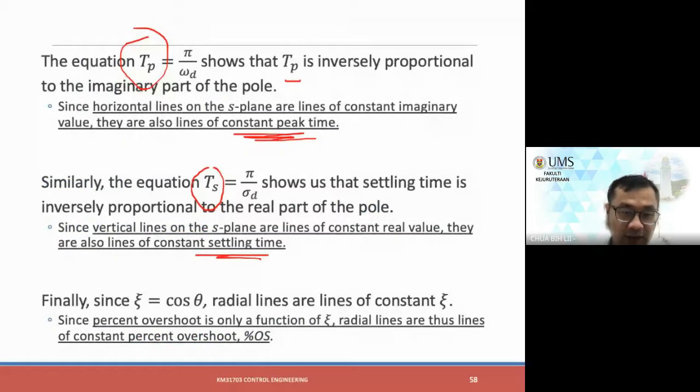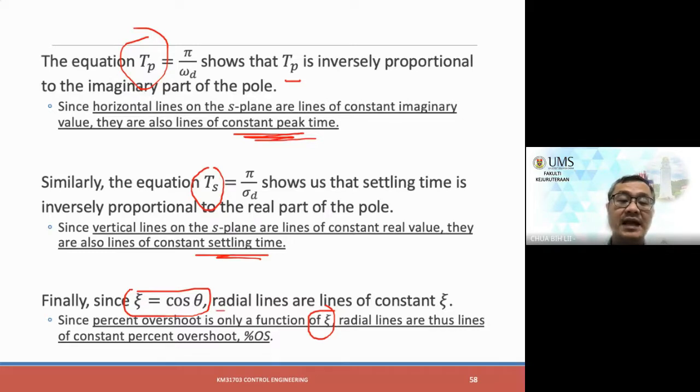Sorry, another piece of information would be that the damping ratio is given by cos theta. Therefore this represents the percent overshoot. As we know, it is only a function of the damping ratio. Therefore the radial line and the line of the percent overshoot are related.